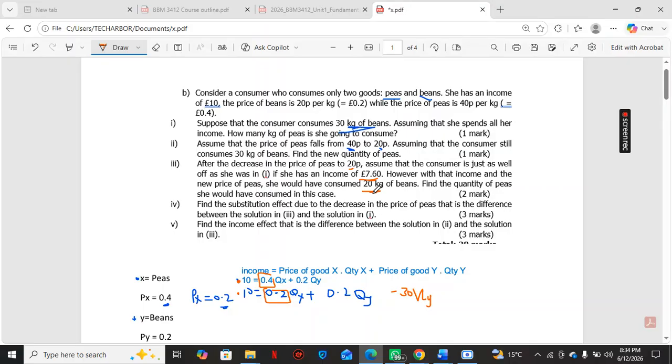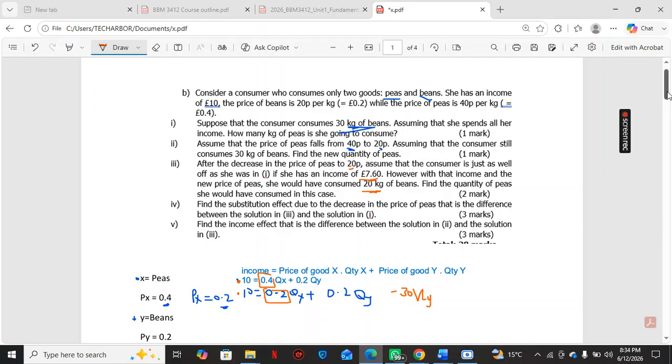So we're getting a new budget constraint equation because we again want to find out how many peas this person can get. Throughout part one, part two, part three, we're just trying to find out how many peas this person is getting. In this scenario, the income has dropped and the quantity of beans has dropped.